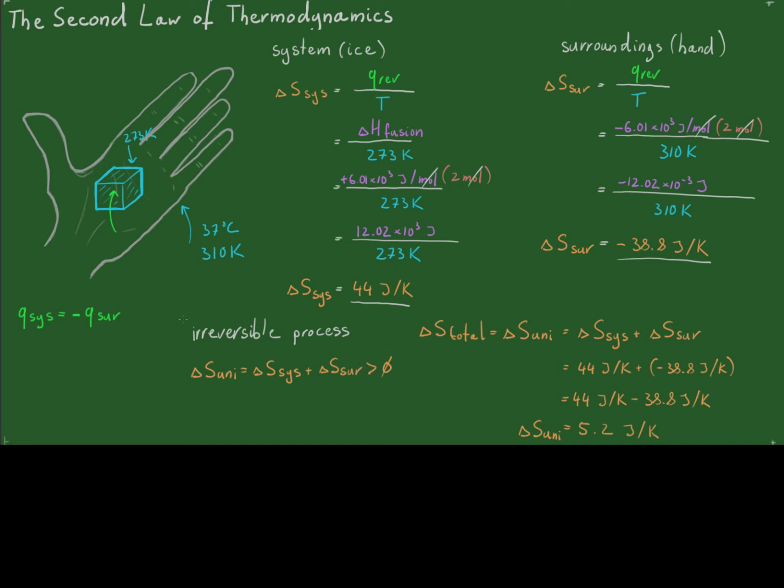So for any irreversible process, the entropy change for the universe will be greater than 0. And that is essentially the second law of thermodynamics.